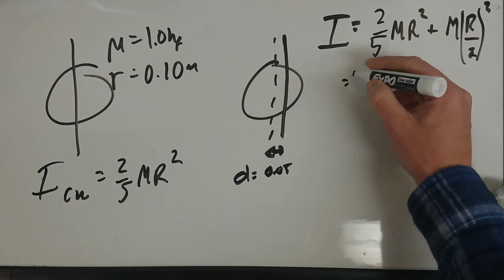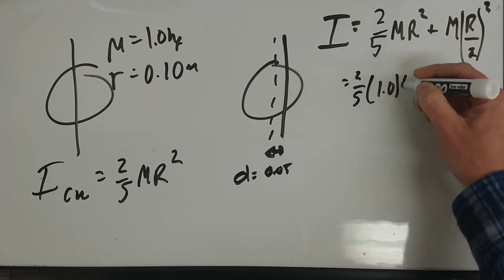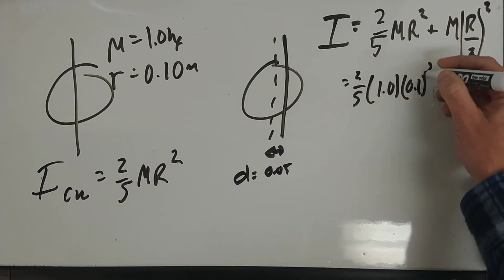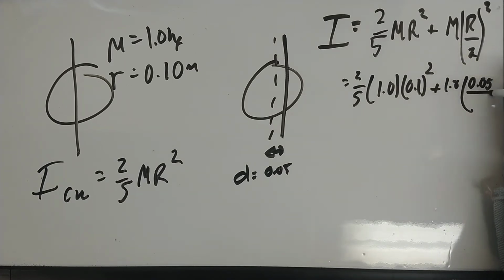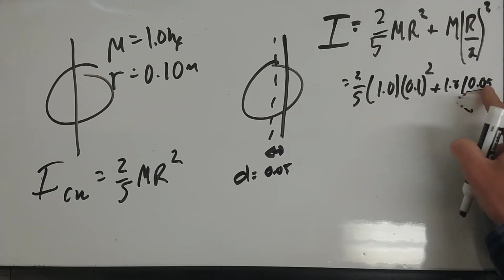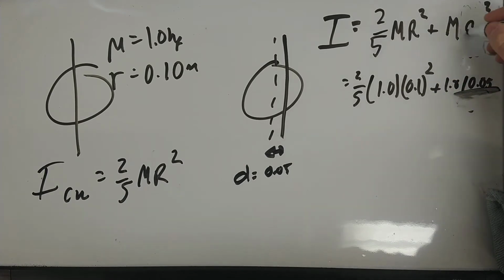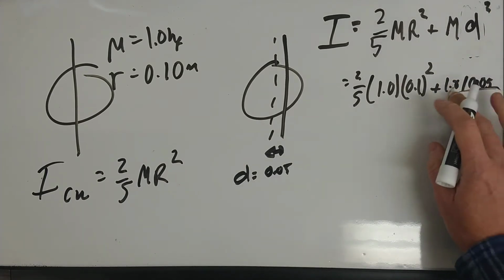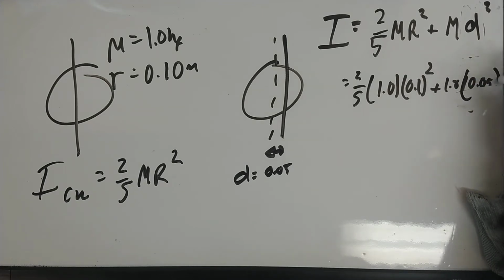Maybe it's best if I just put the numbers in. 1.0 times 0.1 squared plus 1.0 times 0.05, or that's how far you shifted it by. I shouldn't have done that, I should have just called it D. 1.0 times 0.05.